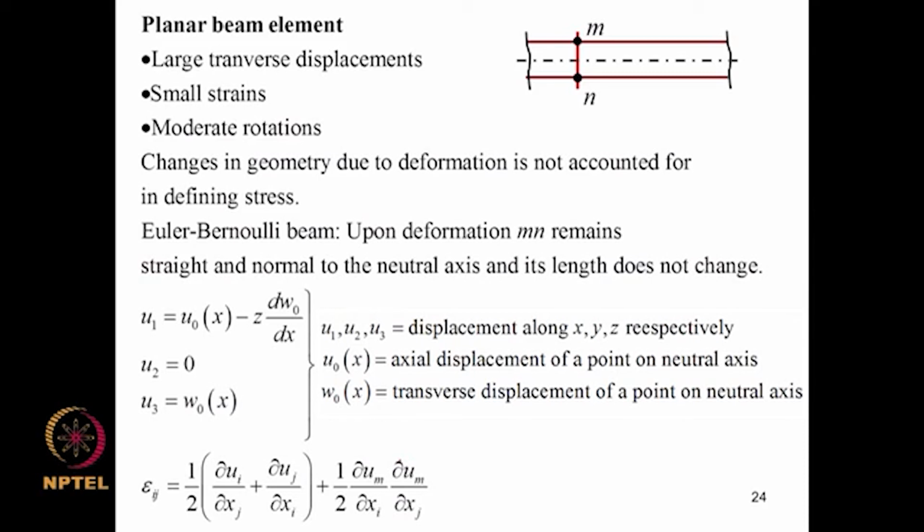We can begin with whatever background we have without asking too many newer questions. For example, if you are talking about a planar Euler-Bernoulli beam, if we assume that there are large transverse displacements but small strains and moderate rotations, then the changes in geometry due to deformation need not be accounted for while defining stress.